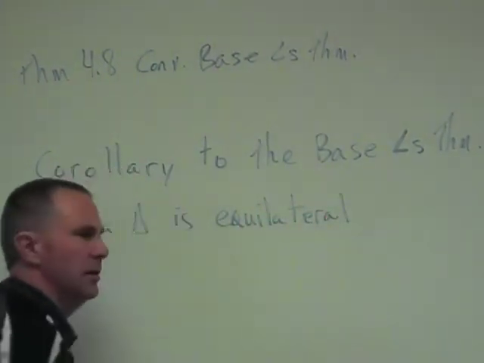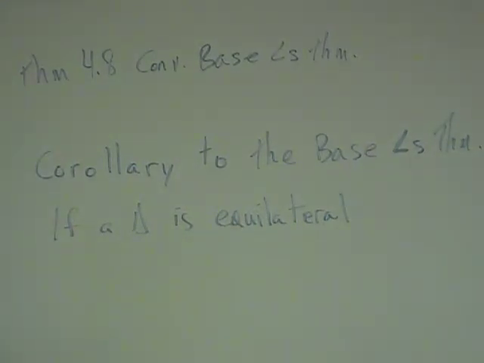Equal sides and equal angles. Because of this corollary, you've already accepted what equilateral is. We've not talked about equilateral triangles yet, have we? Okay, so this is key. You realize you're getting caught up with a lot of things you've already learned.